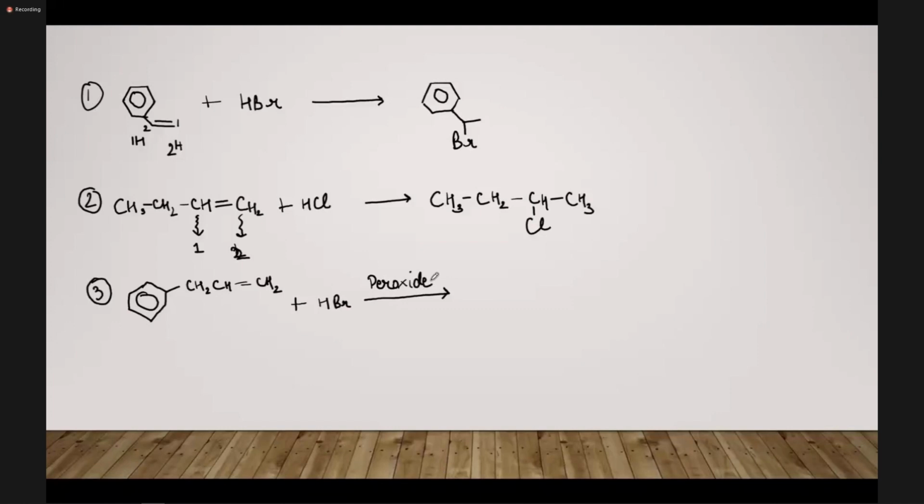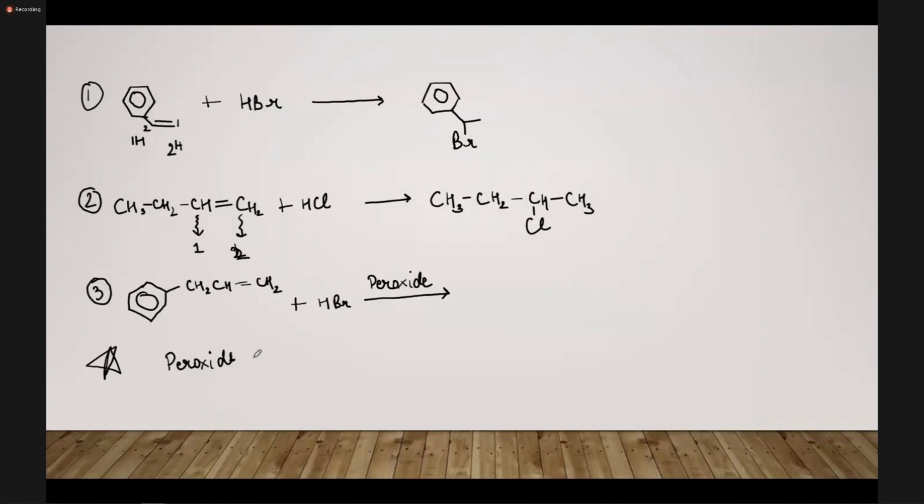So the trick here is that you will have to remember this. This is an important note. So you will have to just highlight this, that whenever this reaction is being done in the presence of the peroxide, the Markovnikov's rule will not apply over here. Or you can say that the Markovnikov's rule gets reversed. I mean, the two conditions of the Markovnikov's rule will get opposite, and it will get reversed in this case.